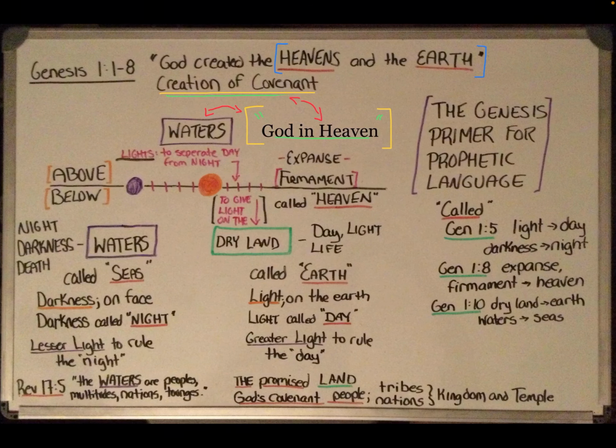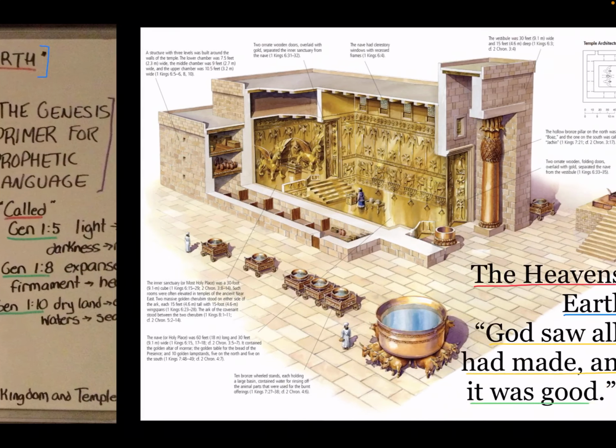And we can see that this is all Genesis 1 through 18. The Genesis primer, which established prophetic language, the idea of the creation and how the covenant is established and how it was played out and established in the culture, in the life, in the language, even in the temple. And this was the mind of the Hebrew covenant, heaven and earth.